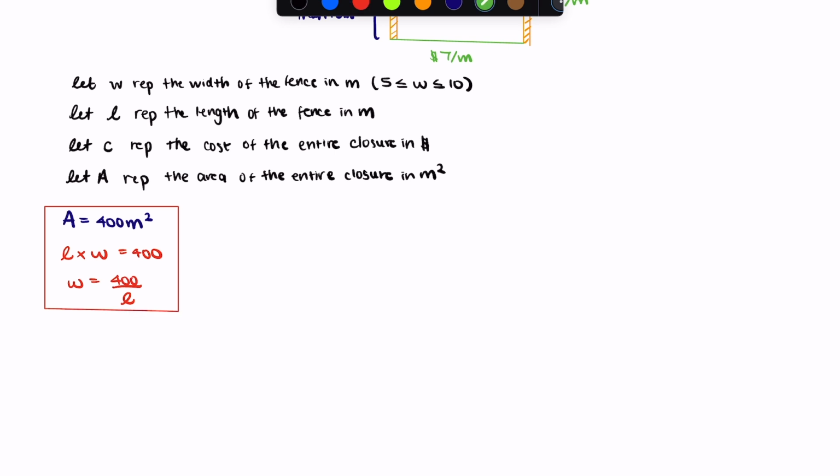The other thing we know is the cost. So we know that the cost is equal to 9, and there's two of them, so 2 widths plus 7 times the length. And so here we know that the cost is equal to 18W plus 7L.